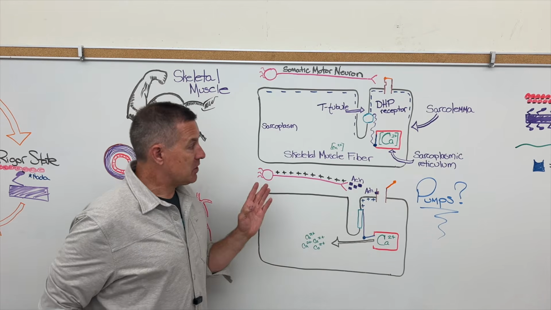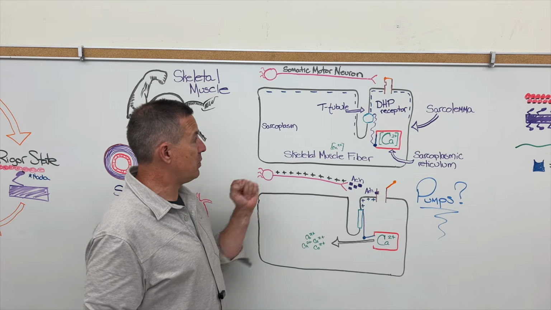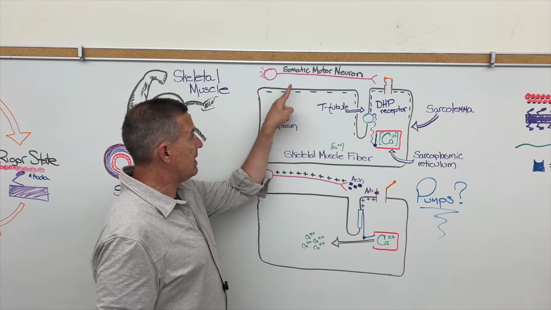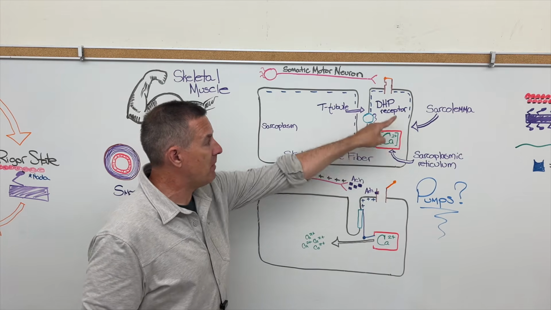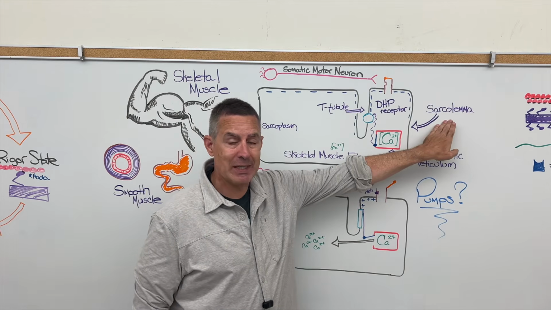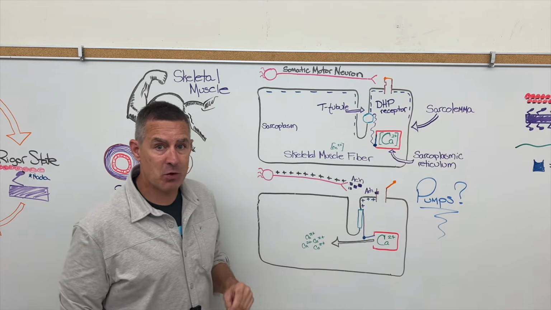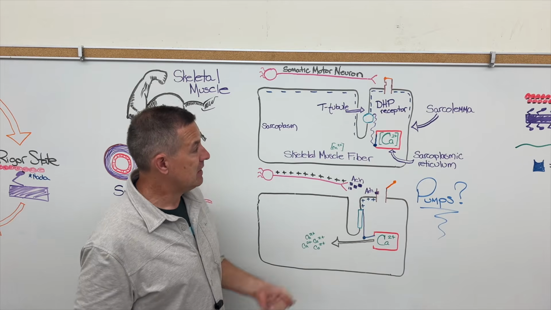Okay, so some of the special wording or nomenclature, skeletal muscle fiber that we see here. The plasma membrane or cell membrane of a skeletal muscle fiber is known as the sarcolemma. Sarcolemma and plasma membrane mean the same thing with regards to muscle cells.